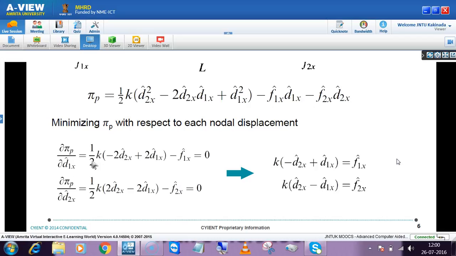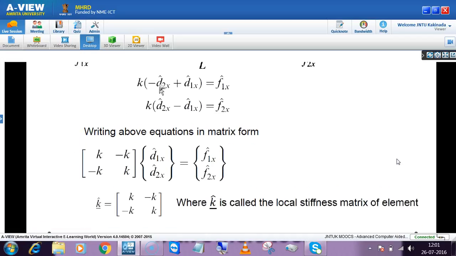Now let us minimize this potential energy. When you differentiate and equate to 0, the equations simplify to k into d1x minus d2x equals f1x, and k into d2x minus d1x equals f2x.